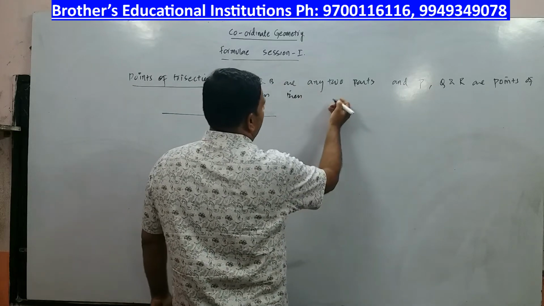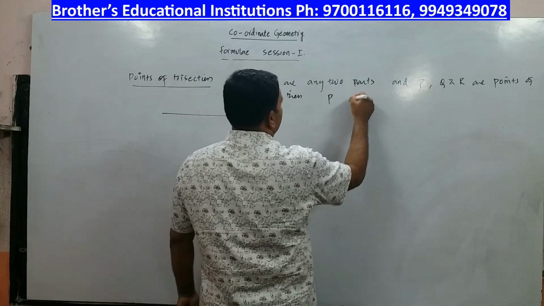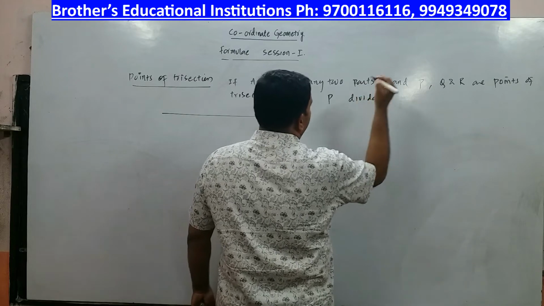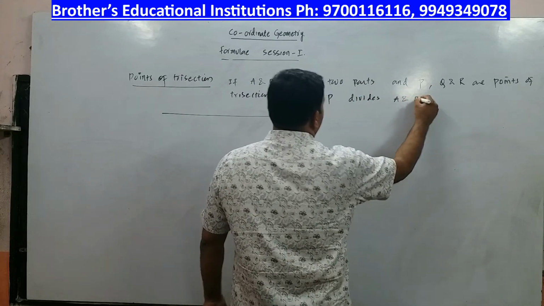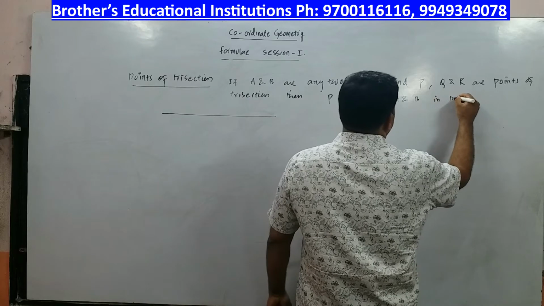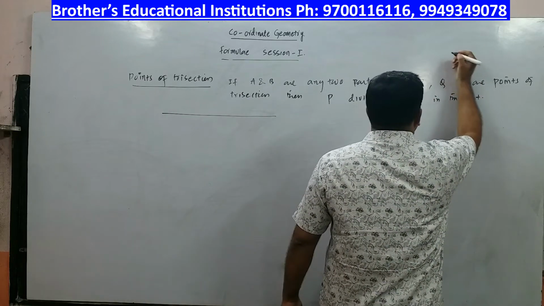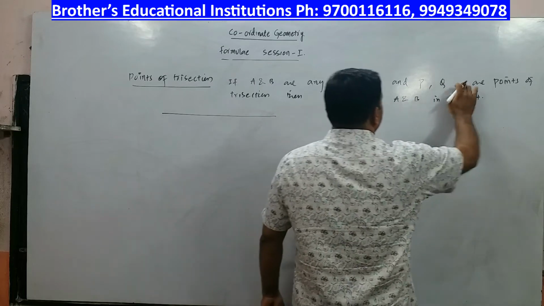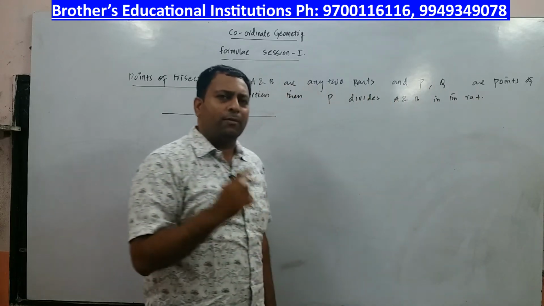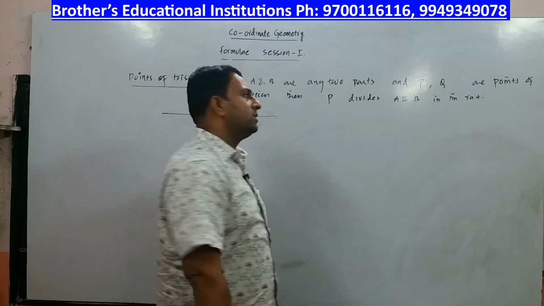then what? P divides A and B in the ratio... Why P, Q and R? It should be only P and Q, right? We require one point for bisection and we require two points for trisection.